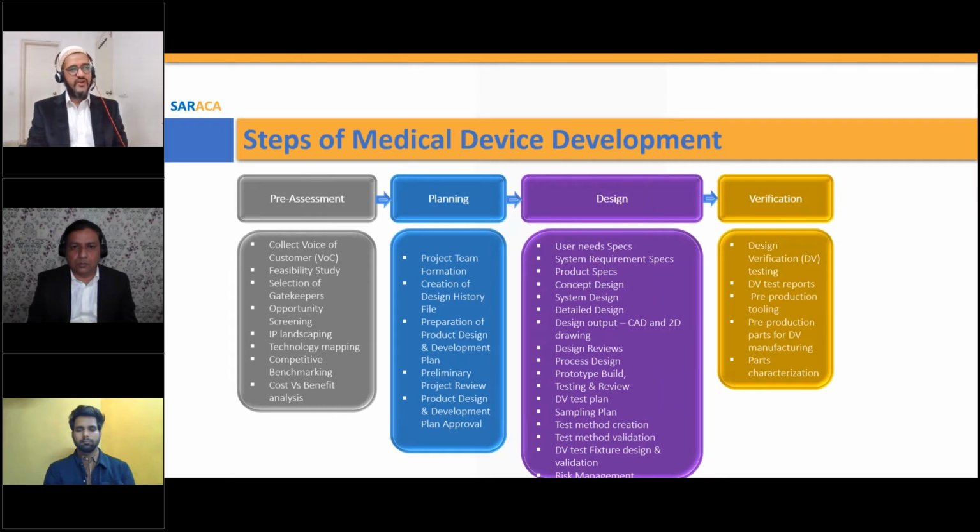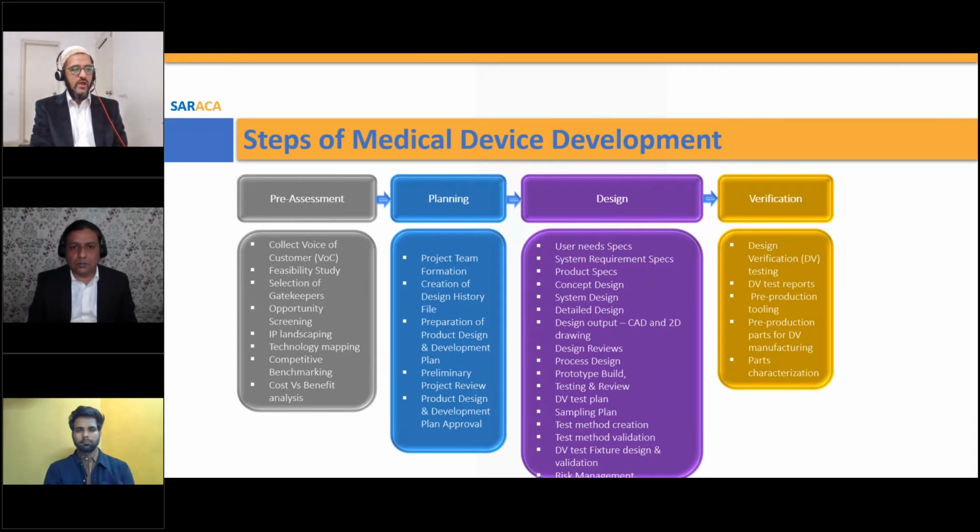Then once we go to the verification stage, formal verification testing starts. Here, for each product specification you had set, you must have a corresponding test method. So how are you going to test that product specification?